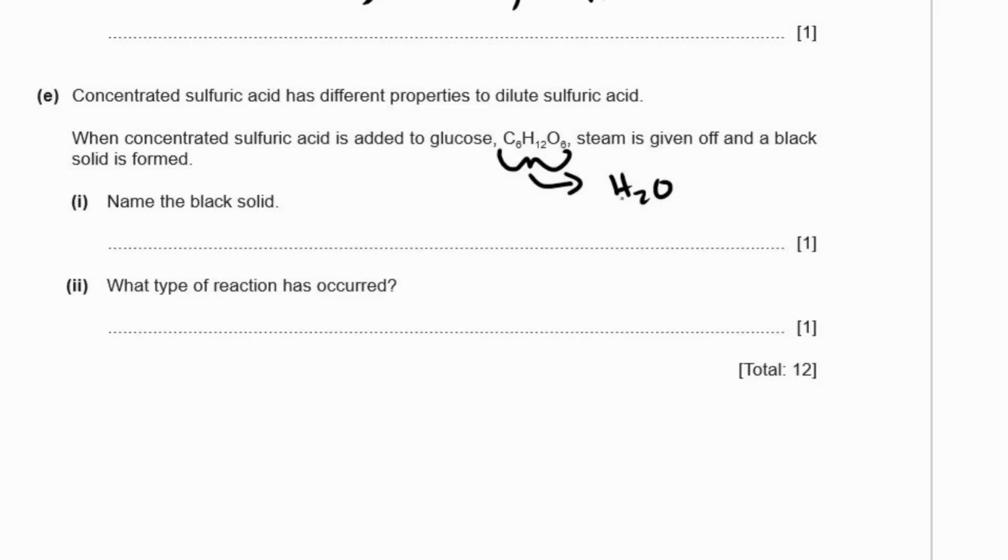Now, how many H2Os can you get out of this? Well, you can get 6 H2Os out of this. So 6 times 2, that's 12, plus 6 oxygens, 6 waters come out of this. What you're left behind with is just plain carbon, which is a black solid. So what type of reaction has occurred? Well, it's losing water. This is called a dehydration reaction.